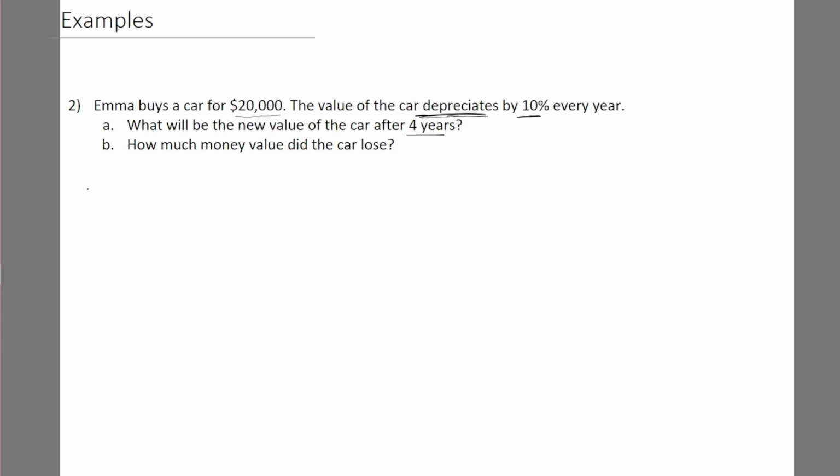Again, this 20,000 is the original price of the car, and we know that it's depreciating, so we're going to use a minus in our rule, and this is the rate of depreciation being 10. Now, what will be the new value of the car after 4 years? Here n is equal to 4, and I want the current or new value.